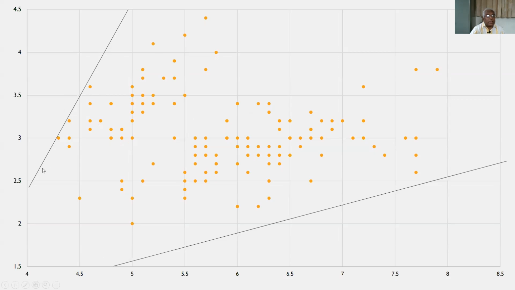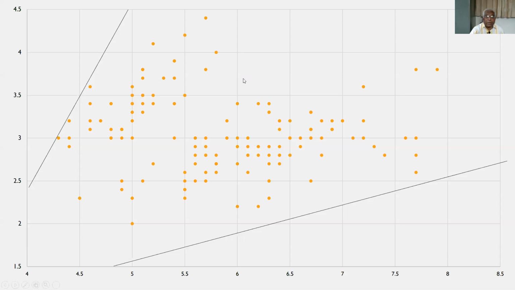I think this is not at all a separator, because all objects fall to the right side of this line, and so there is no separation between the objects. So this kind of separator is the worst separator. If you see this, you will find that all objects are to the left side of this separator, and so this separator is also the worst separator.